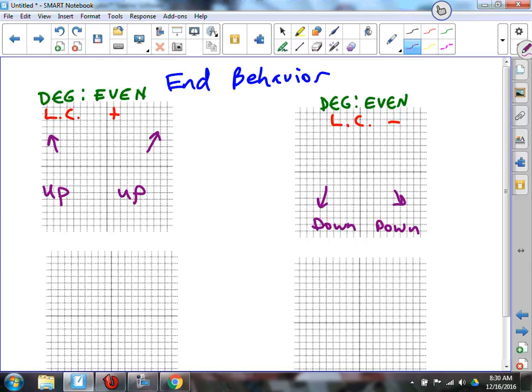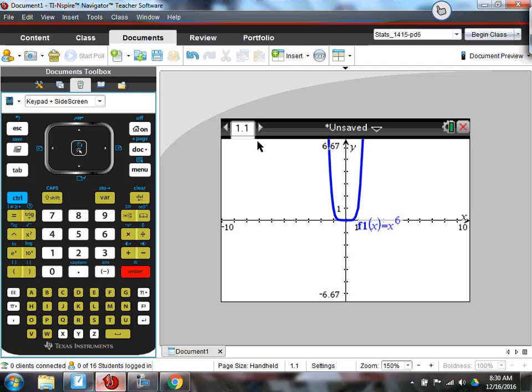So if you were to look at the graph of a line, something like x plus 5, what's happening on the left? It's going down, and what's happening on the right? It's going up.